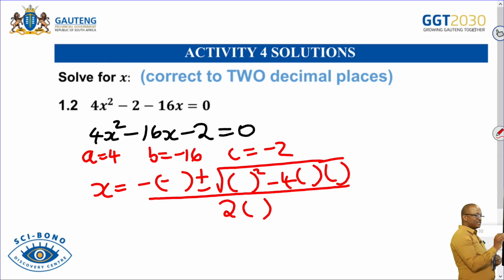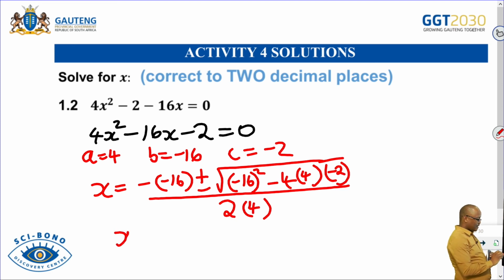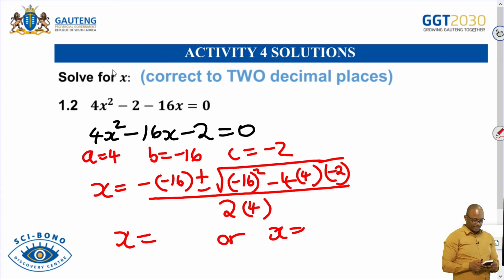Our b is negative 16, a is 4, and c is negative 2, all over 2a, which is 4. Then we have to punch this into our calculator.